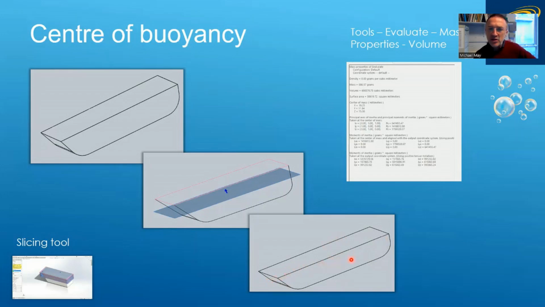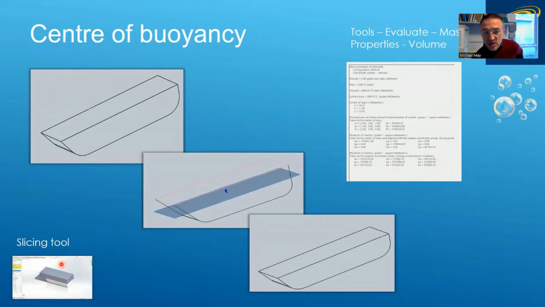Now apply a material type of water to that, so it gives it the weight of the water. And once you get the mass of that displaced volume of water, that's the buoyancy force acting upwards. If it equals the weight of the boat acting downwards, then you've correctly estimated your waterline. If not, you'll have to move your waterline up or down accordingly.